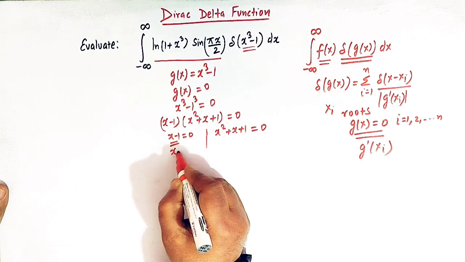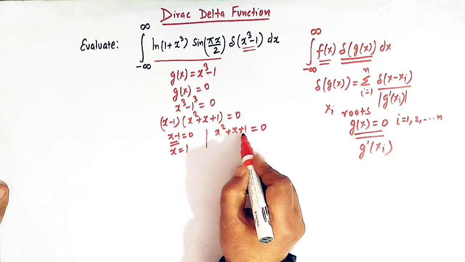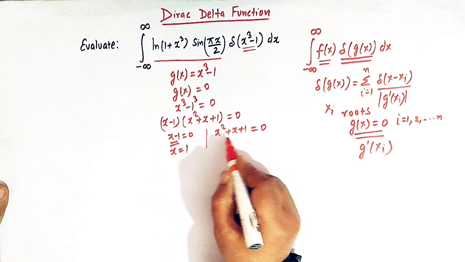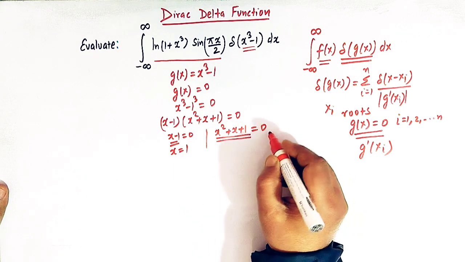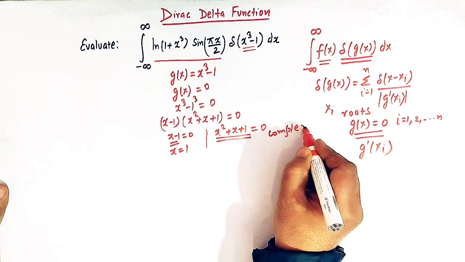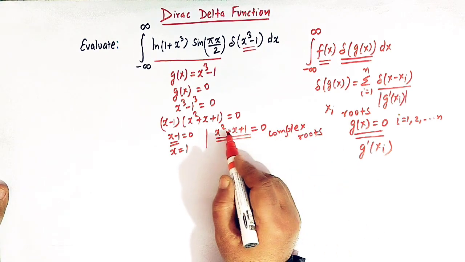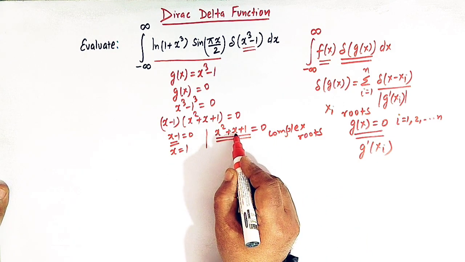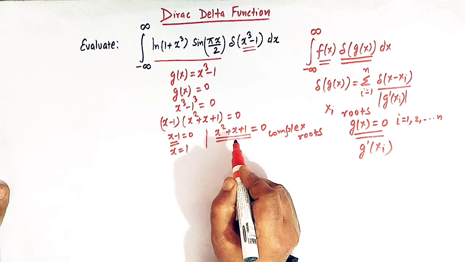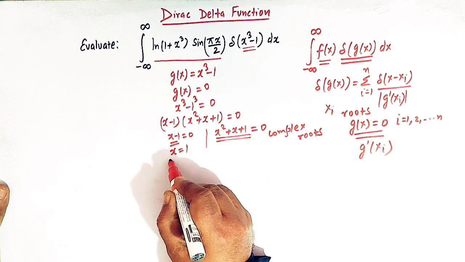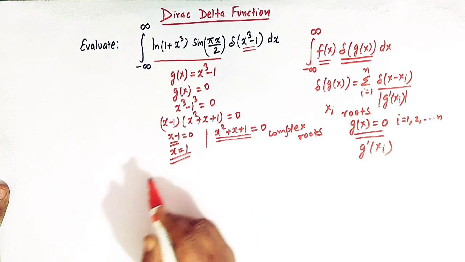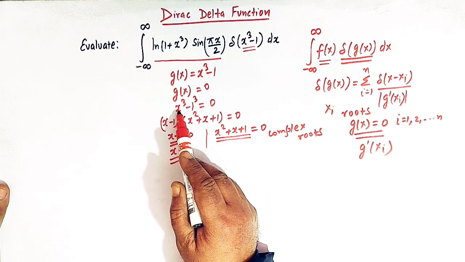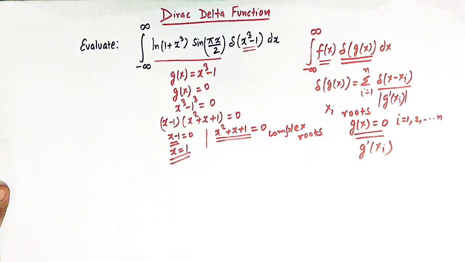From here we get x equal to 1, and the quadratic equation has two roots, but we can easily see that they are complex, because the discriminant is negative. So we will neglect the two complex roots and consider only x equal to 1, which is the only real root of the equation x cube minus 1 equal to 0.